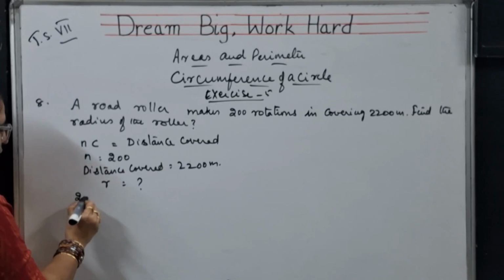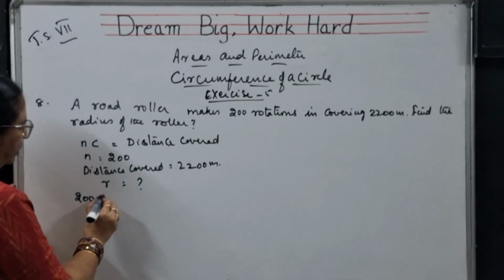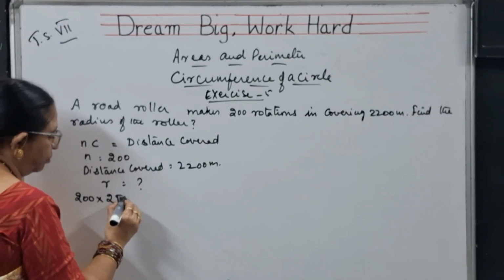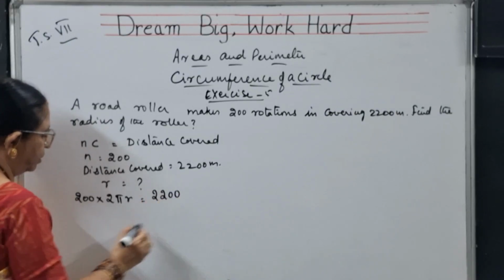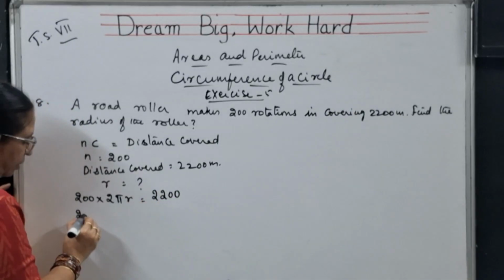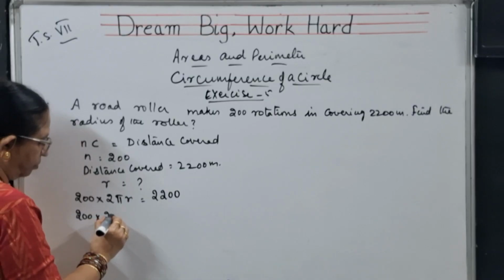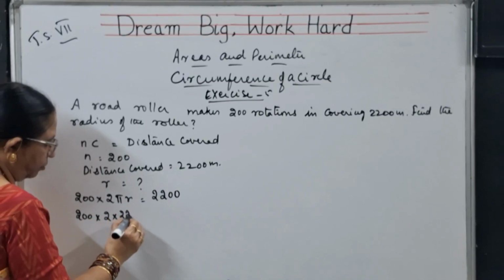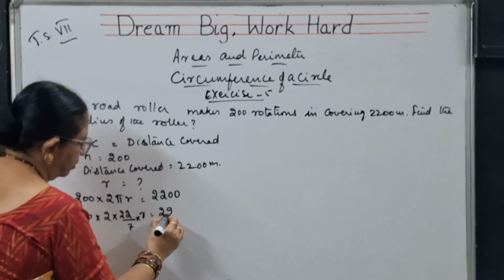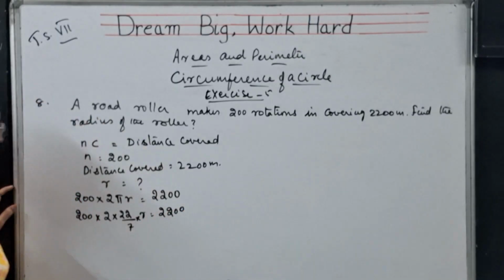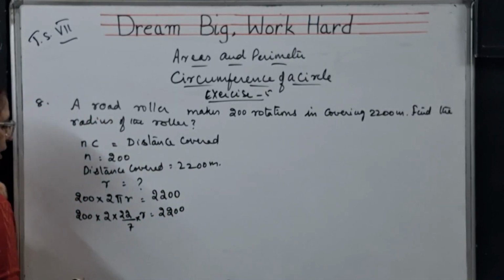So 200 into circumference 2 pi r is equal to 2200. That is 200 into 2 into 22 by 7 into r is equal to 2200. So you want radius r.